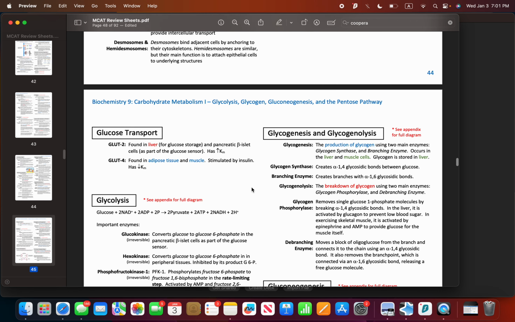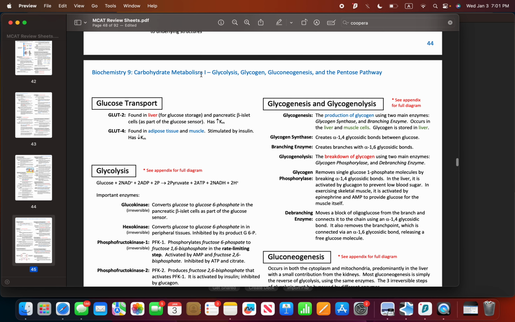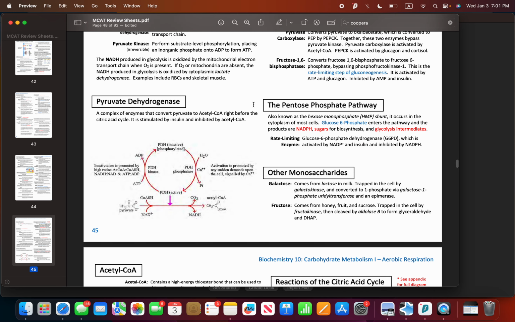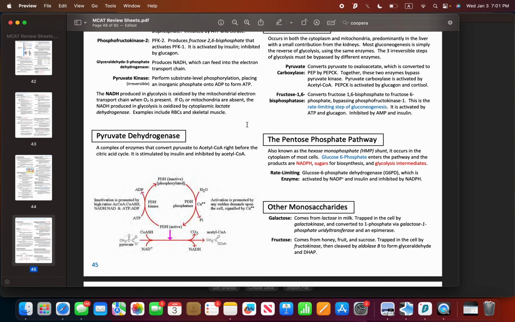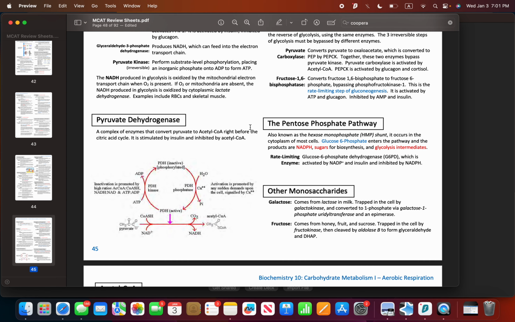Good stuff. We have the carbohydrate metabolism, section 1, which consists of glycolysis, glycogen, gluconeogenesis, and the pentose pathways. These can actually get ugly since we need to know the specific enzymes, the substrates, and the products for each reaction.